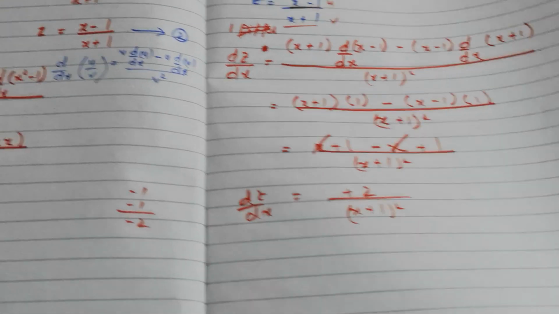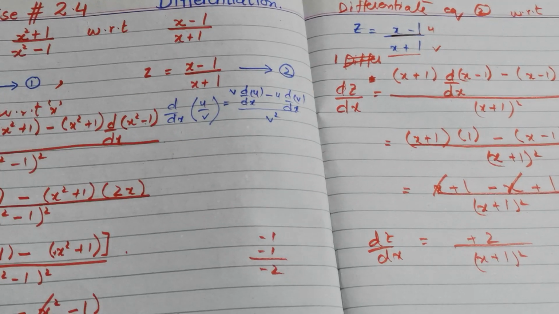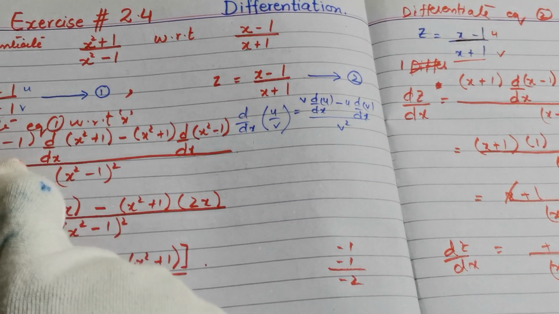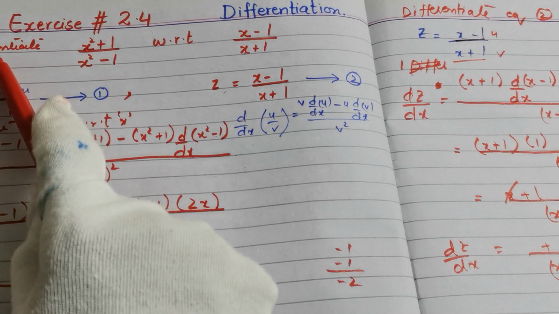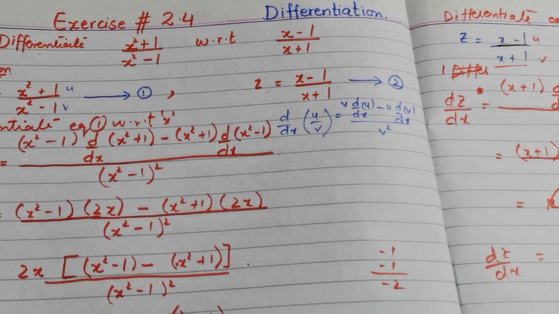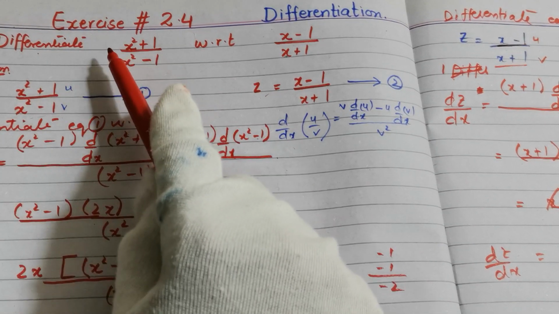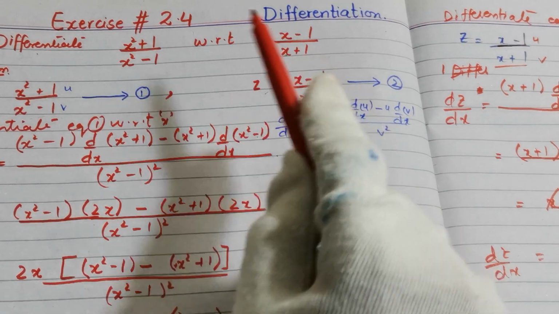Now what we will find, we want to find dy, because in the question, what does the question say? The question said differentiate this term with respect to this term.